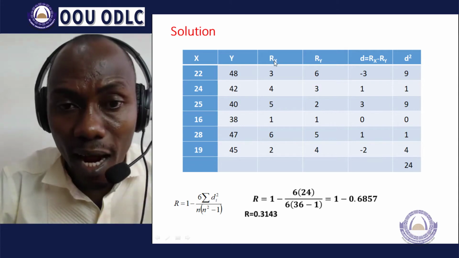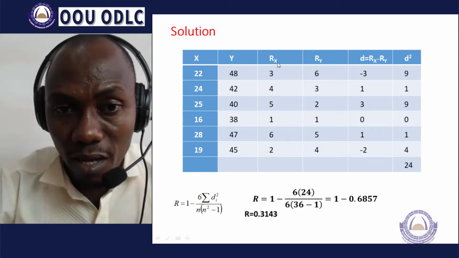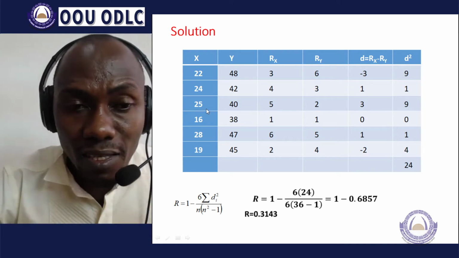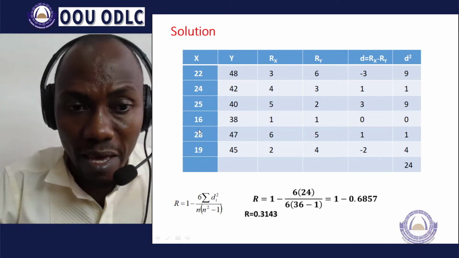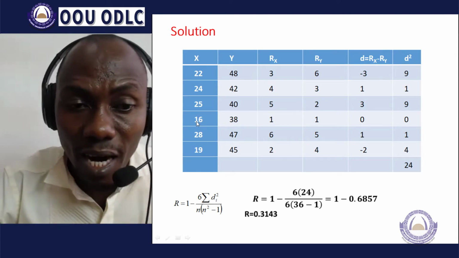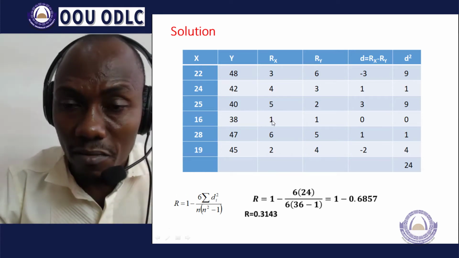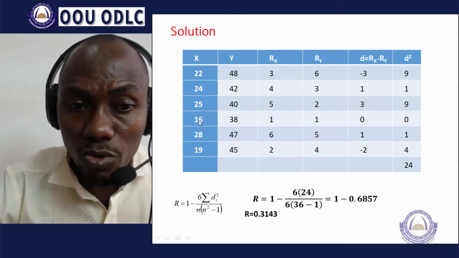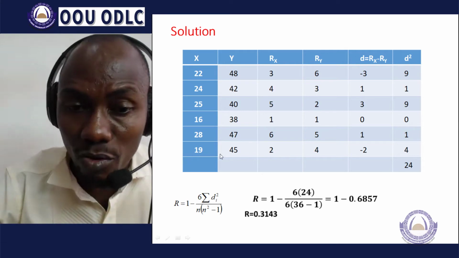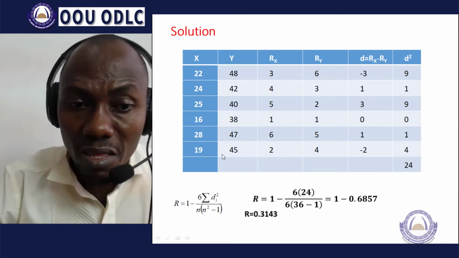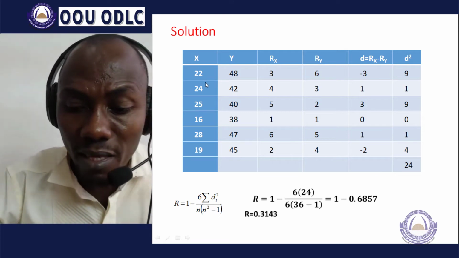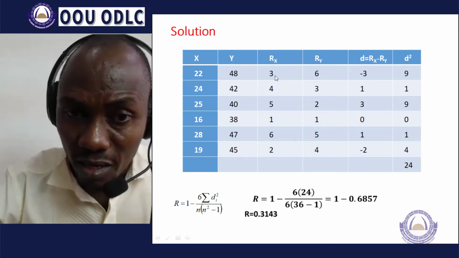as capital letter R subscript X. Let us see how this ranking goes. The least value of X here is 16. This 16 is given the rank 1. The next value to 16 is 19 and is given the rank value of 2. The next value, 22, is given the rank value of 3.